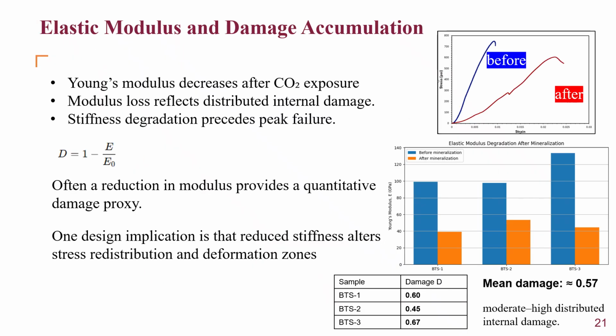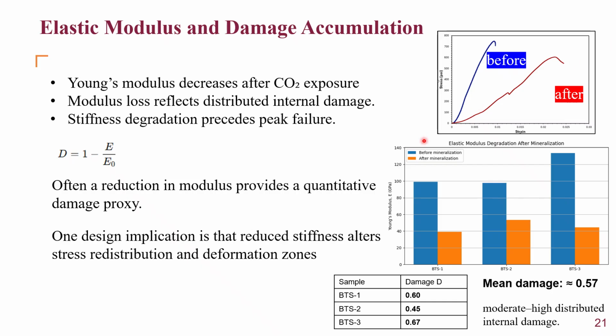From the BTS, we can infer what we call elastic modulus and the damage accumulation. This data here represents an ultramafic rock that has undergone an 8-week mineralization, and the BTS has been measured as a stress-strain test has been conducted, and Young's modulus has been calculated from that.